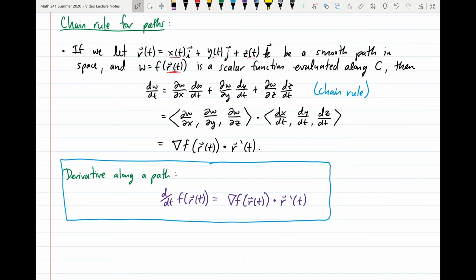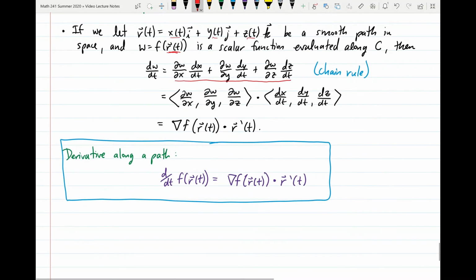Then the chain rule from section 14.4 tells us that the derivative of w with respect to t is equal to this long expression here that I won't say. But we can rewrite that expression as the dot product of two vectors. So in the first vector we have partial w with respect to x, partial w with respect to y, and then partial w with respect to z.